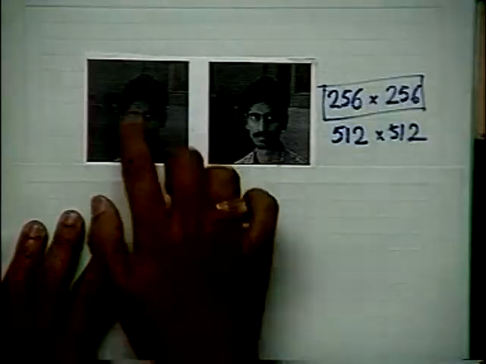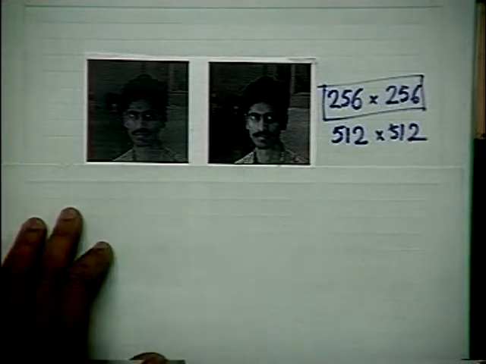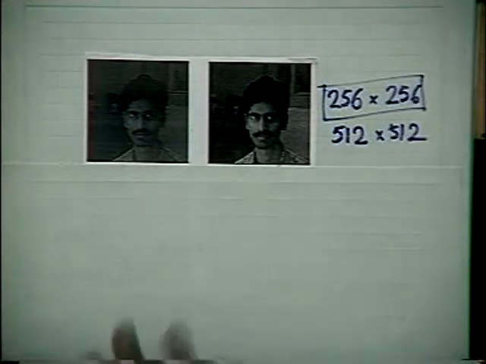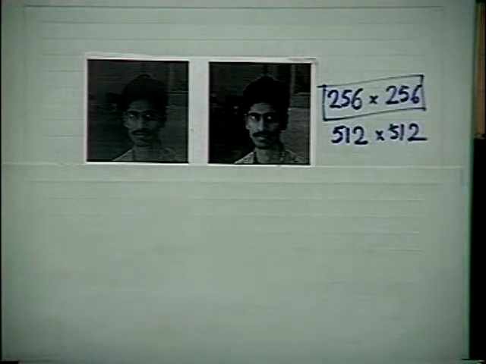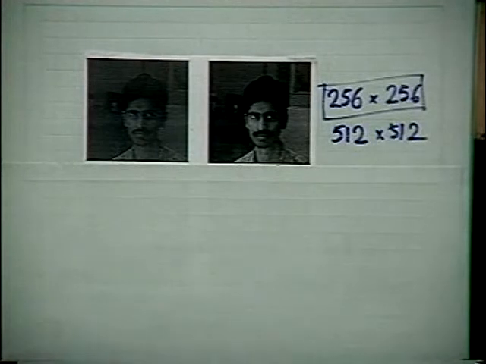Supposing I have an image of this nature, what you see on the left. This image has a very poor contrast, and we may like to improve upon the contrast and try to get an image of this nature. So this is also a part of processing. This will be the input image, this will be the output image.